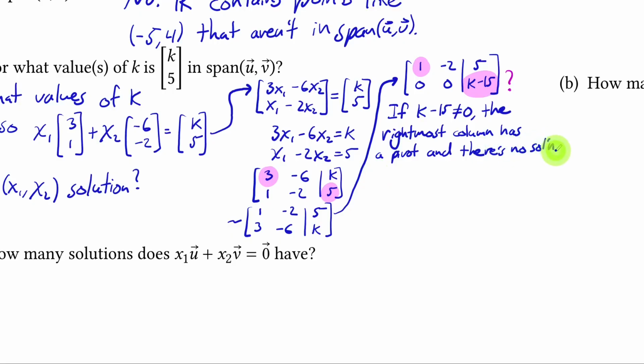But if k minus 15 is equal to 0, then the system is consistent. And we can get solutions x1 and x2 to make linear combinations of u and v to see how we can get k5 as a result. The way to do that is if k is 15.